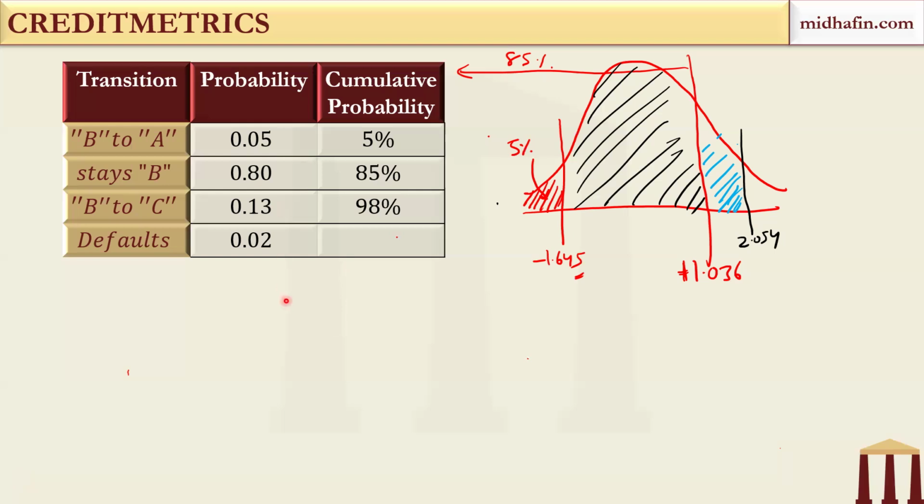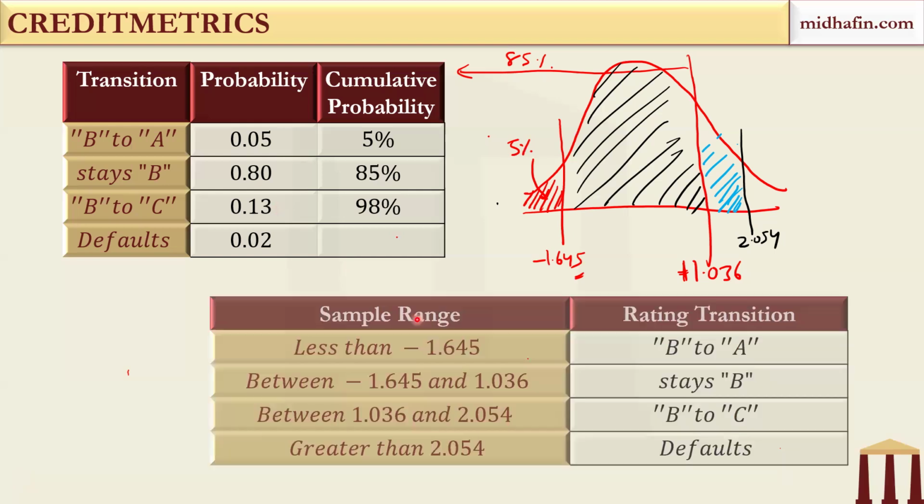So, if your random number from a normal distribution comes out to be less than negative 1.645, then the rating transition has taken place from B to A. If your number from the normal distribution comes out to be between negative 1.645 and 1.036, which has a very high probability of 80%, then you will assume that the rating transition does not happen.